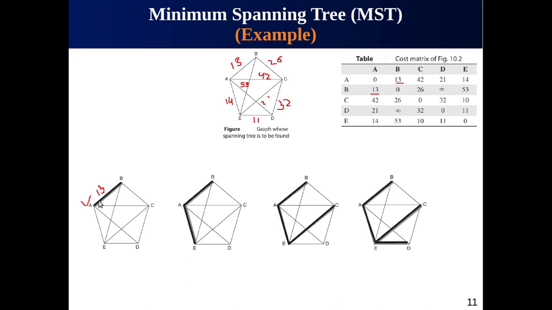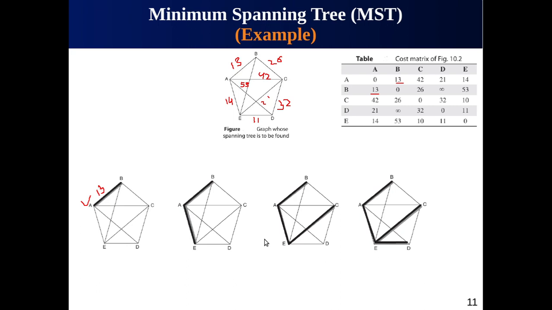And these vertices that we have selected would be termed as active. So the AB link is now active, and vertex A and vertex B are now the active vertices.